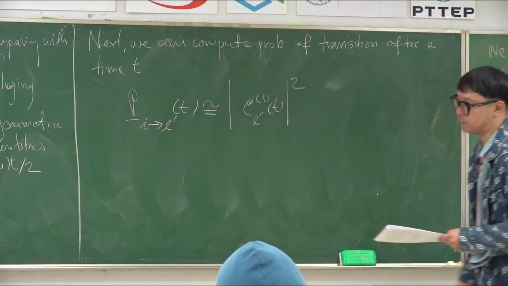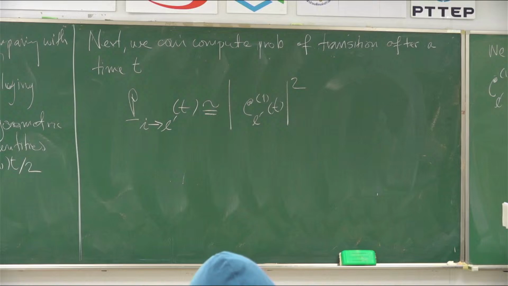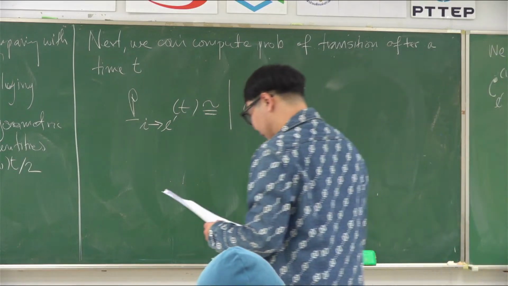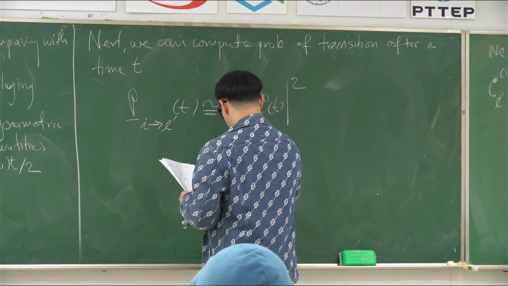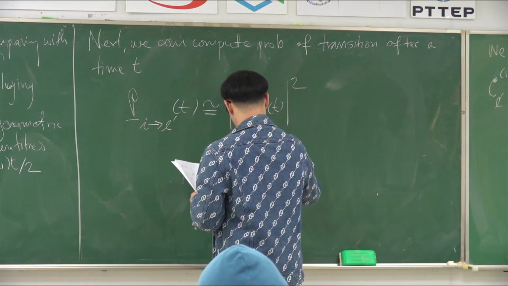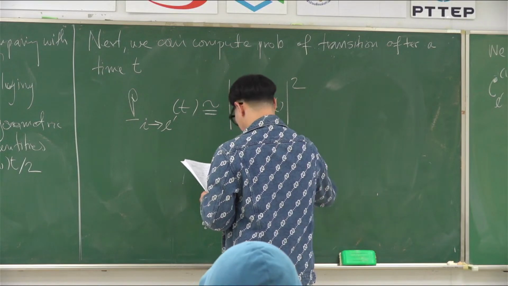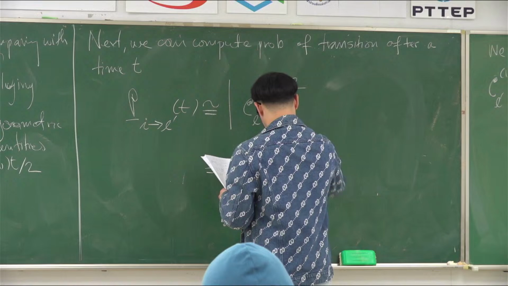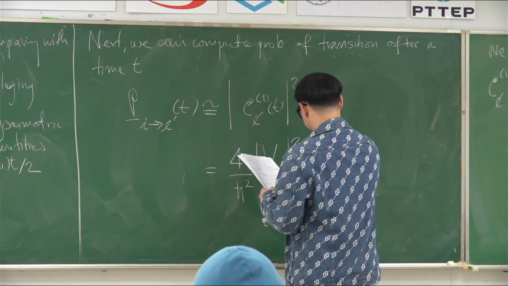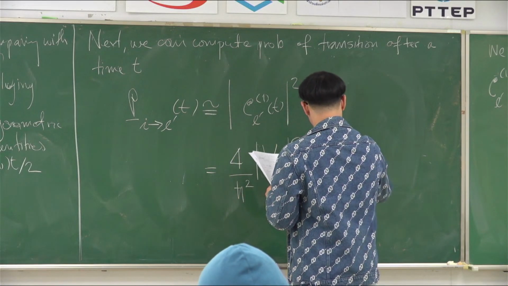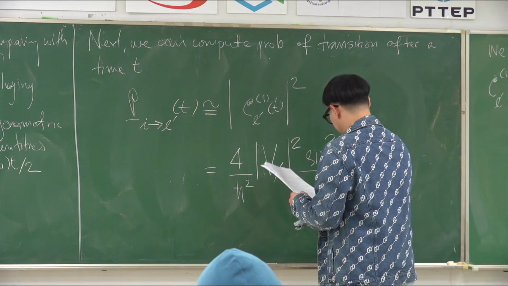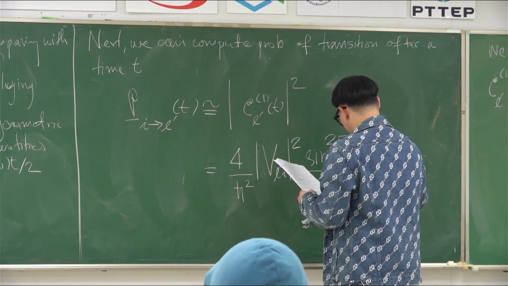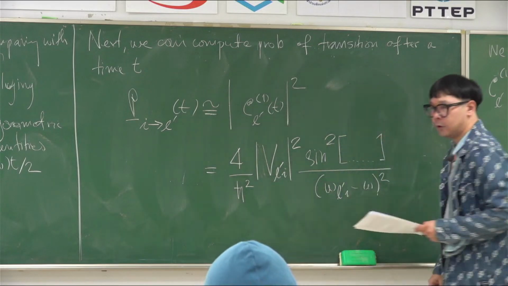You know that if you want to compute the probability, then you need to make a square of this C, and then you will get, okay.